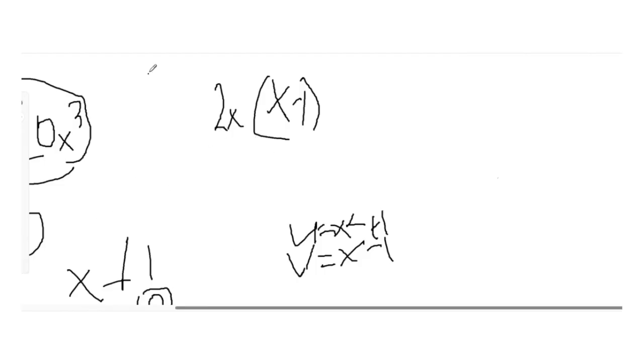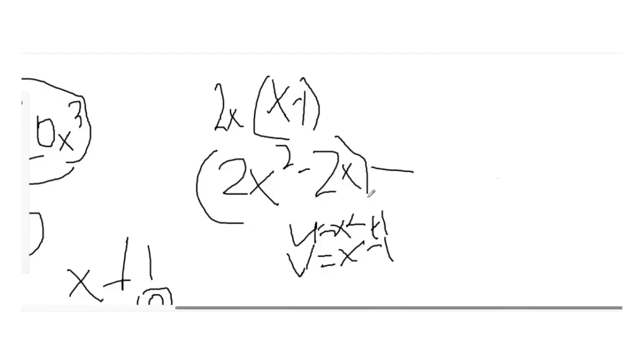So if you simplify it, you get 2x squared minus 2x minus u times v prime. So u times v prime is equal to 1. So x squared plus 1 times 1 is x squared plus 1.